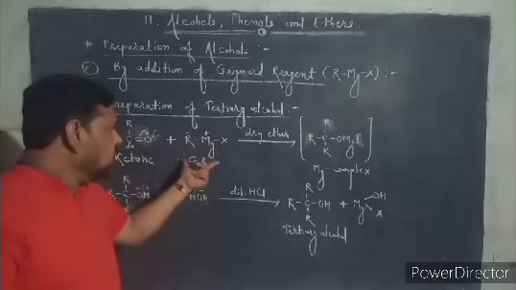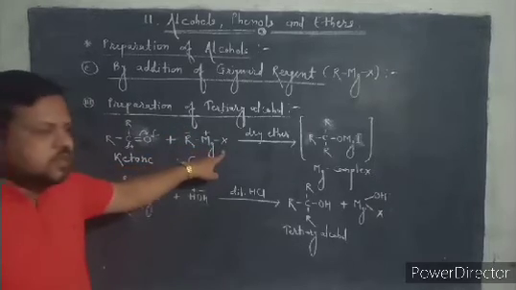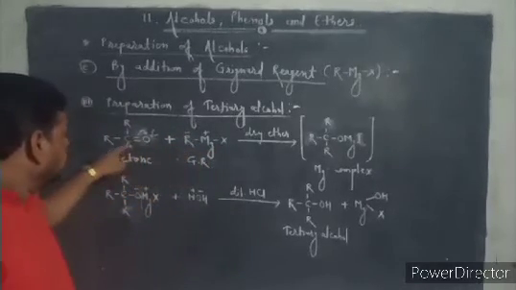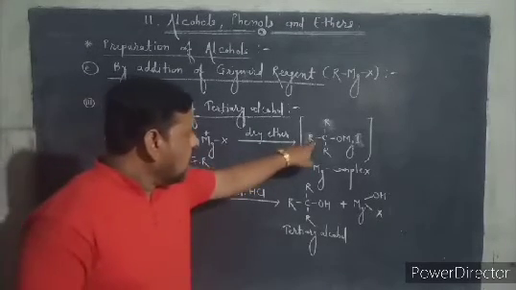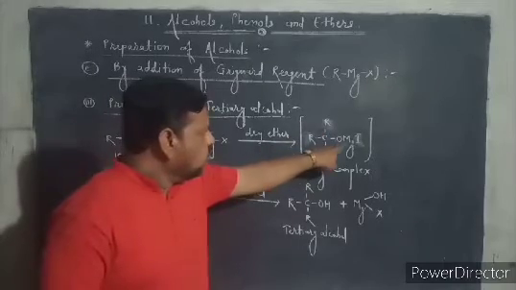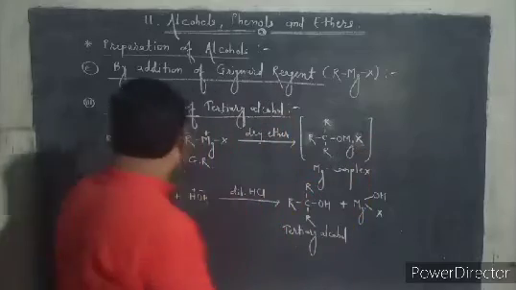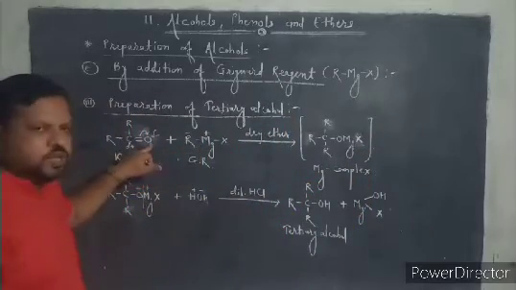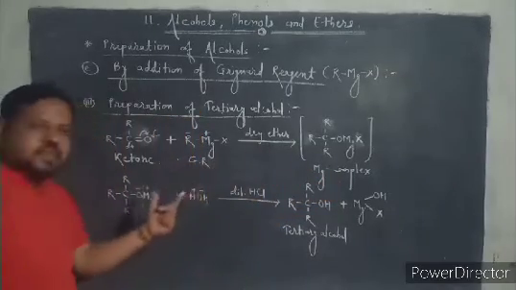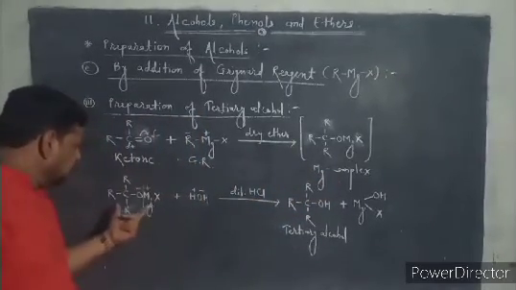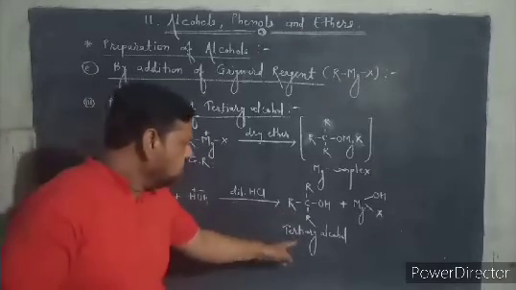Then this Grignard reagent dissociates and it gives R negative and MgX positive. Okay, R negative gets attached to this carbon atom, and MgX gets attached to this oxygen atom and it gives the magnesium complex. Then this magnesium complex is hydrolyzed by dilute HCl and it gives tertiary alcohol.